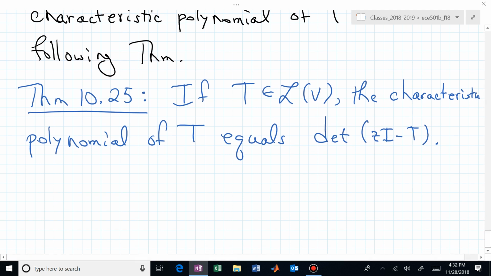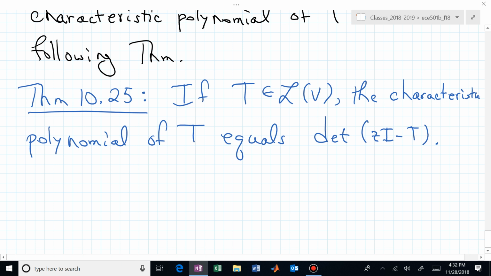So if somebody wanted to compute the characteristic polynomial of a linear operator without having to go through the computation of the eigenvalues, that's how we talked about it at the beginning of class. We said the characteristic polynomial is made up of all these factors: z minus lambda 1, let's say all our d's are 1, z minus lambda 1 times z minus lambda 2, etc. That required us knowing lambda.